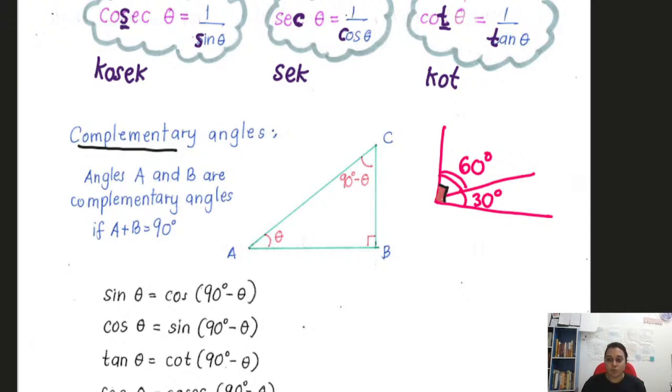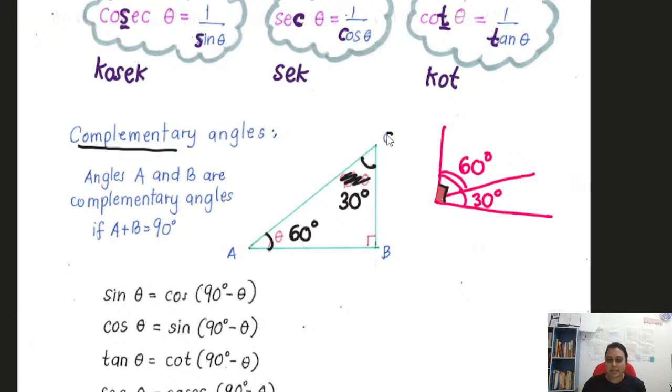From here, you see this is angle A. If A is 60, then here it will be 30, betul?